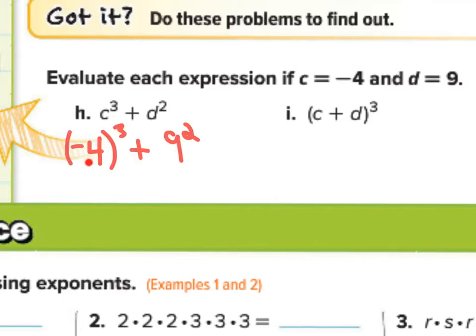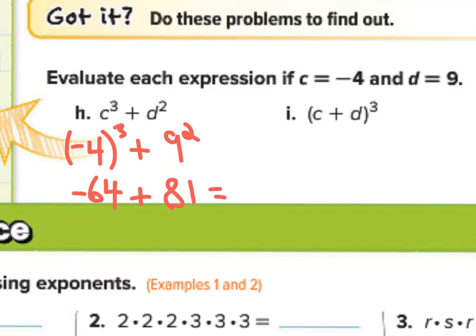And remember, when your base is a negative number and your power or exponent is an odd number, you're going to have a negative product, right? So -4 times -4 is positive 16. But then positive 16 times -4 equals -64 plus 81, because 9 times 9 is 81.